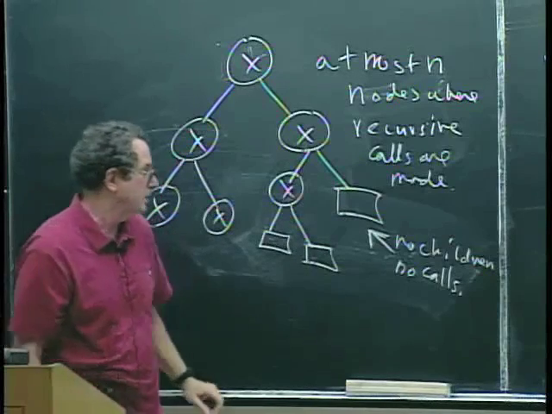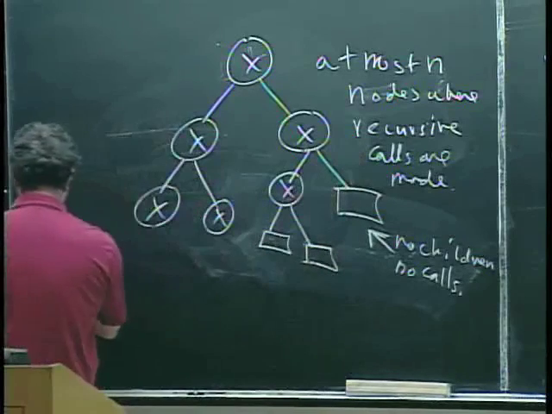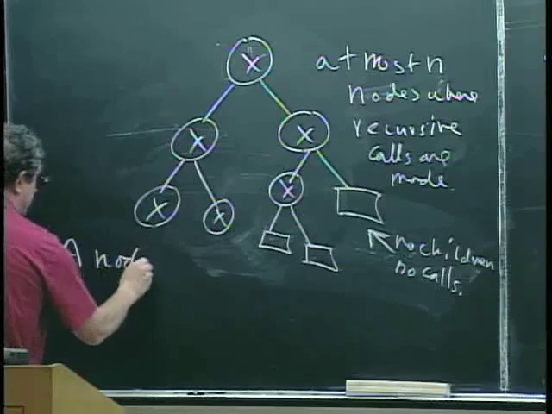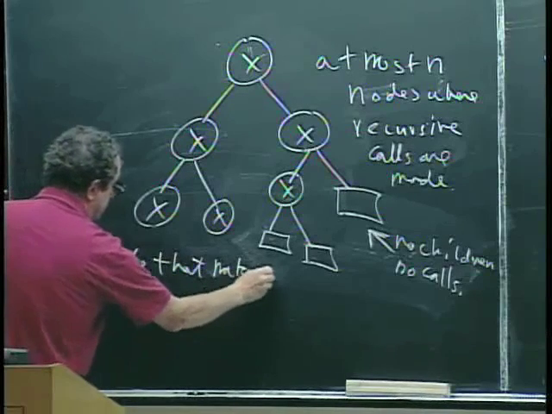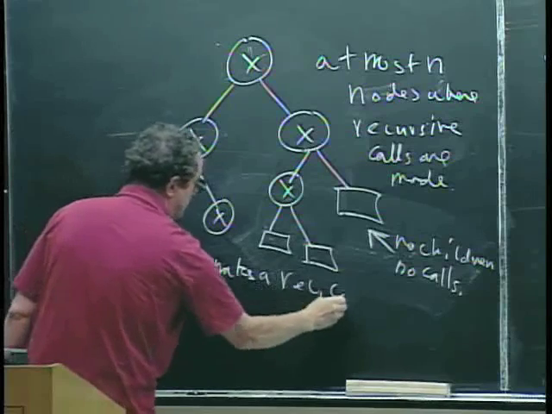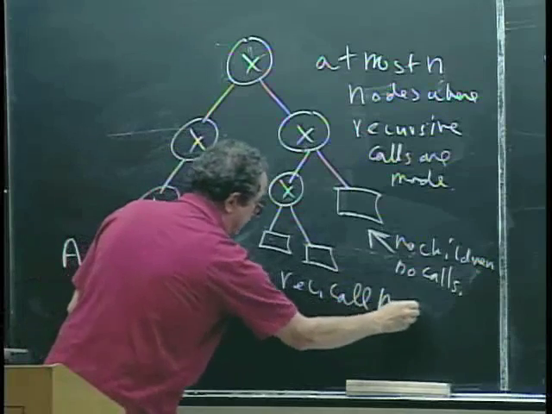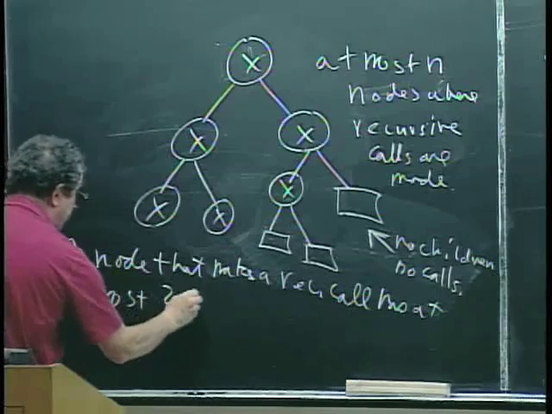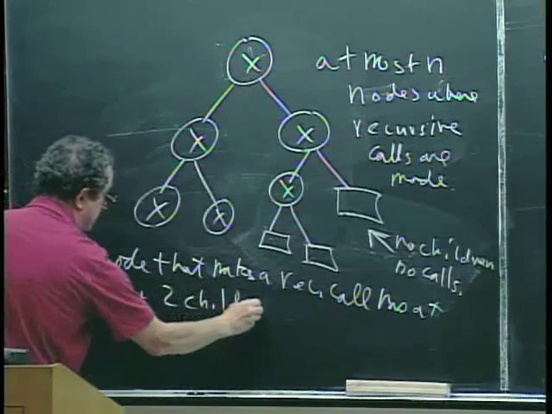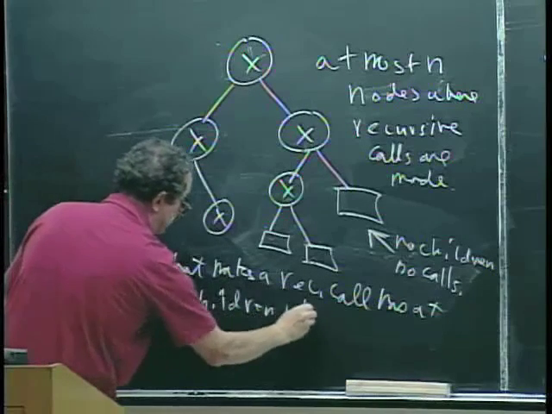Okay? So a node that makes a recursive call has at most 2 children who don't make recursive calls.